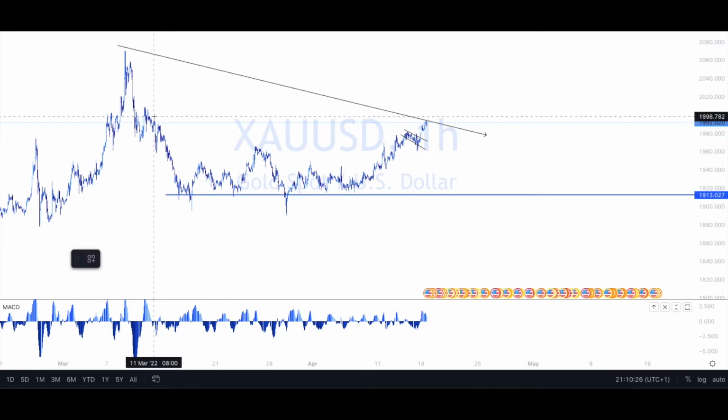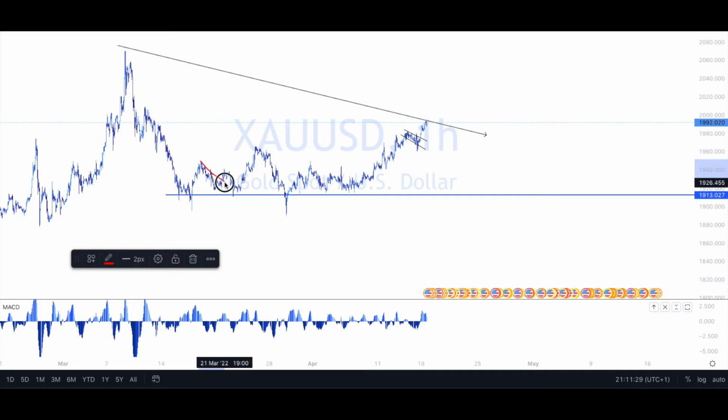So you can see consolidations all over the place. This here is a consolidation. This level here is a consolidation. This is a consolidation.